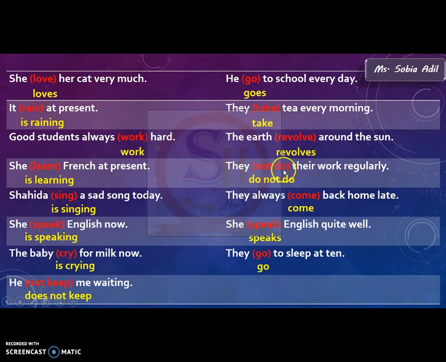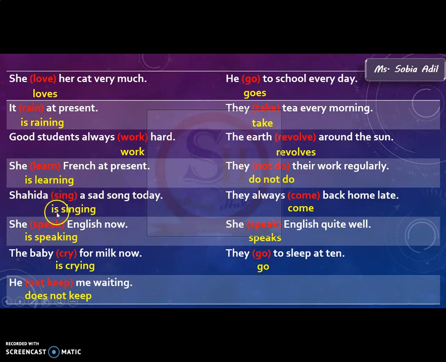Next is: they not do their work regularly. Now regularly is telling you about the indefinite one, the routine activity. You need to write: they do not do their work regularly. Do not do. Next is: Shahida sing a sad song today.